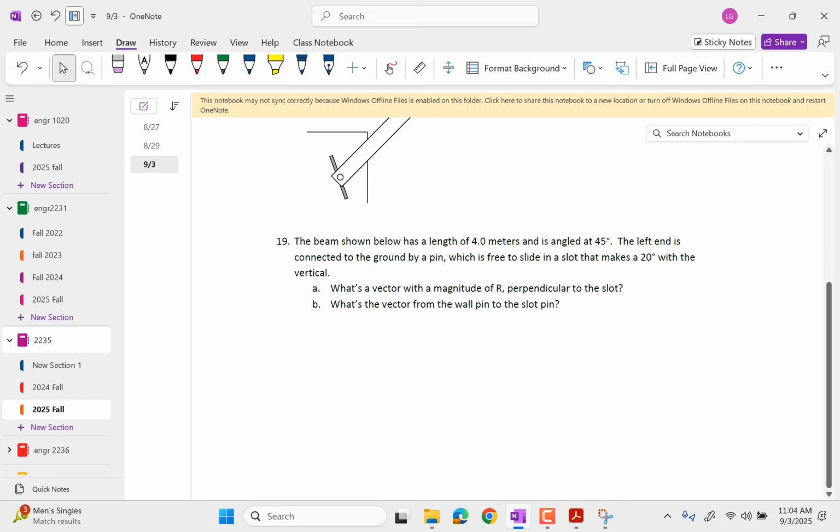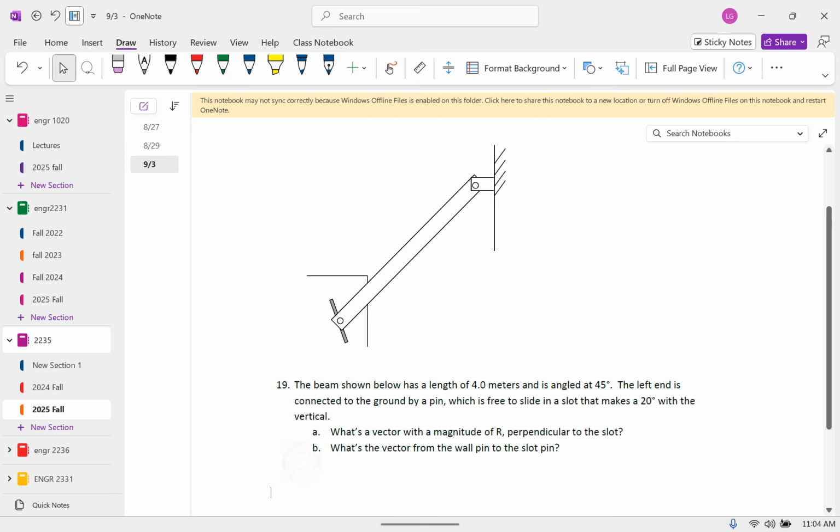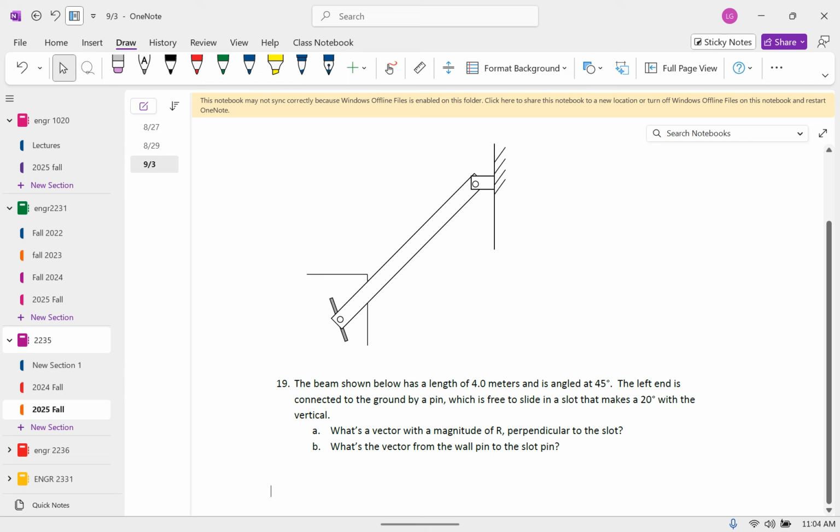So number 19. This beam has a length of 4. Let me just write some of this stuff in. So we know that the length here is 4.